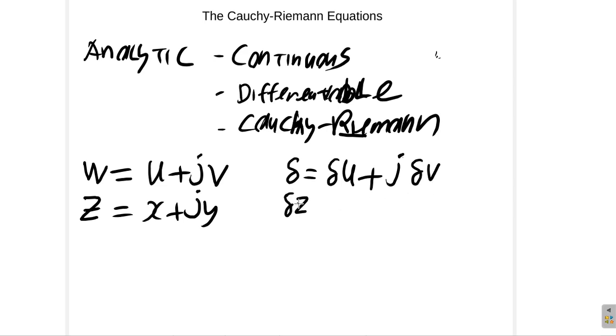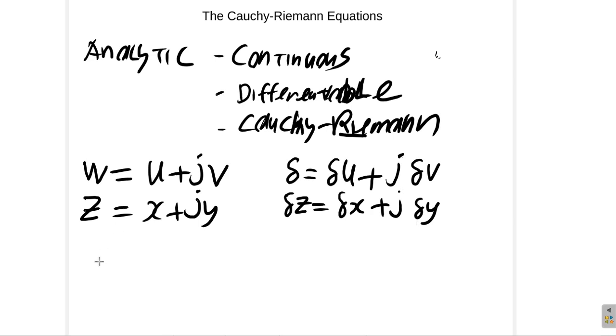And a change in Z can be represented by a change in X plus J times a change in Y. Now, remember that J sometimes is also represented by I, right? It's the same thing. You could use J or you could use I. But for the same problem, be consistent. If you're using J, just use J for the same problem. If you're using I, just use I. Alright?